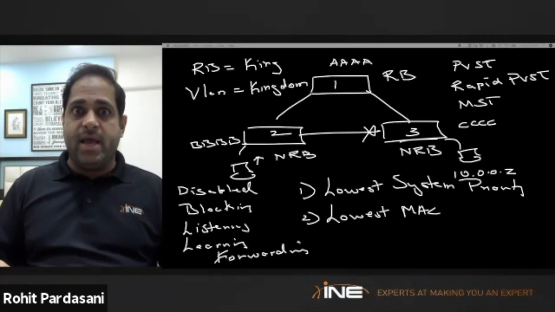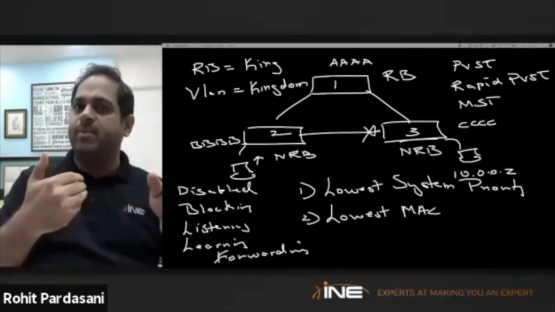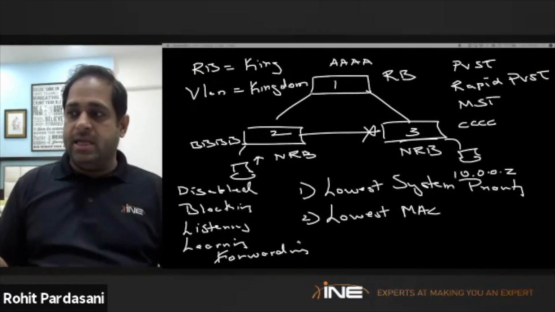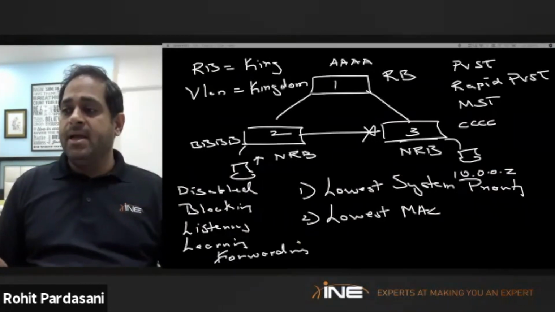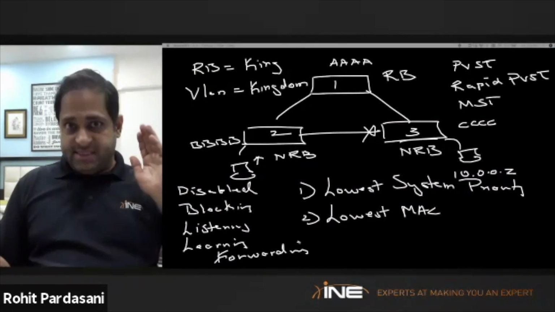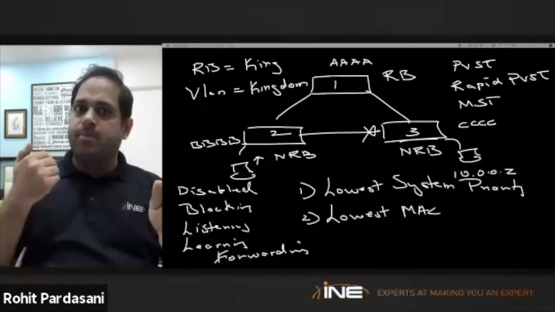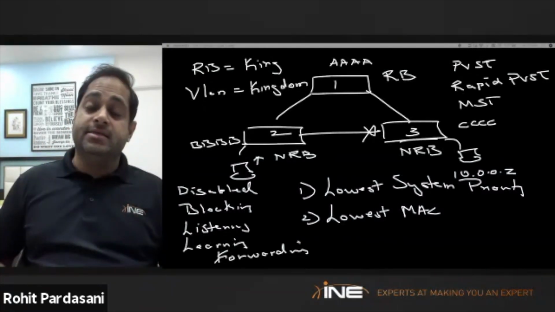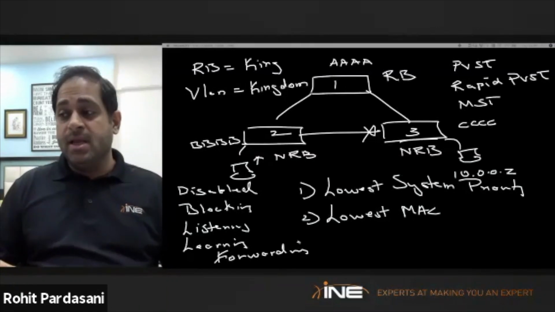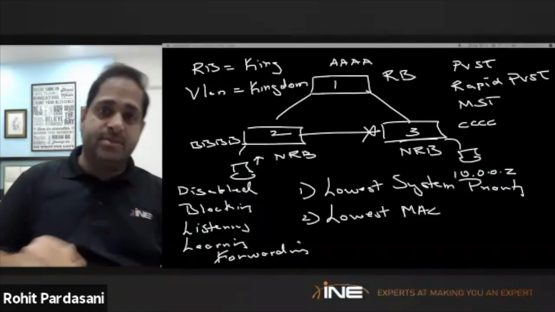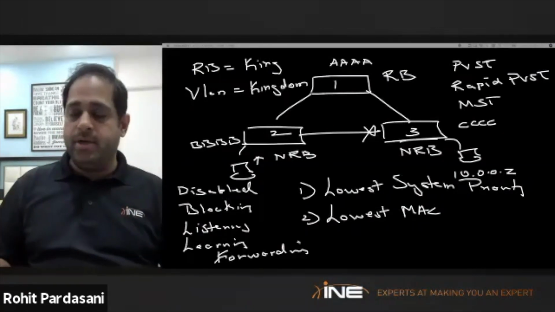Listening is where it is sending BPDUs and receiving BPDUs. It's not learning any MAC addresses or processing frames. Learning is where it is sending BPDUs, receiving BPDUs, and even learning MAC addresses, but it's still not processing the frames. So data traffic cannot be forwarded.